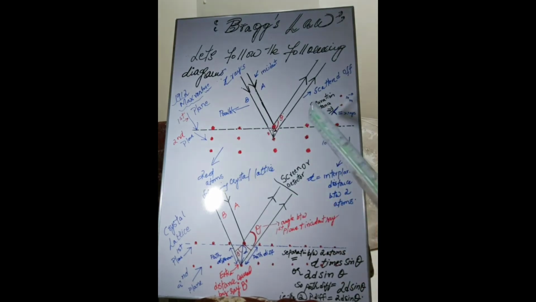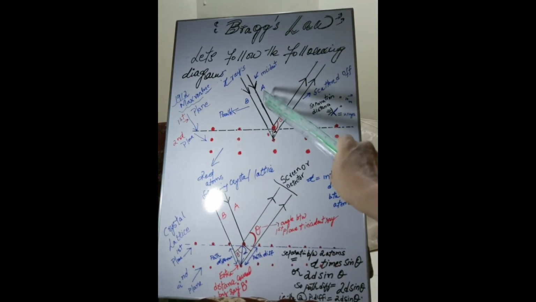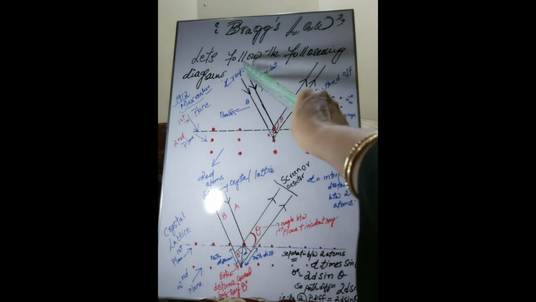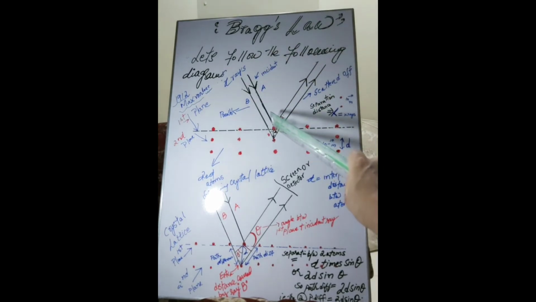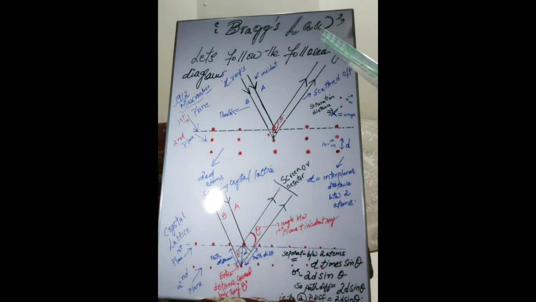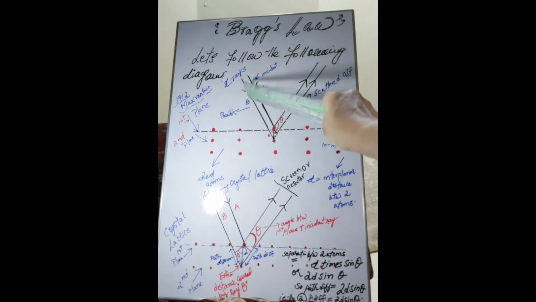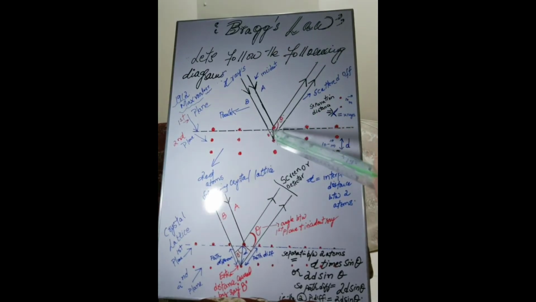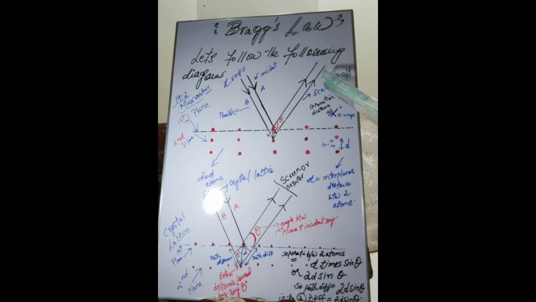So now if we look at the wave A, it traveled a shorter distance. From here it strikes this atom and it is scattered out, right? Whereas the second one, ray B, goes and hits the second atom, which is a little bit further down, and it is also scattered out.